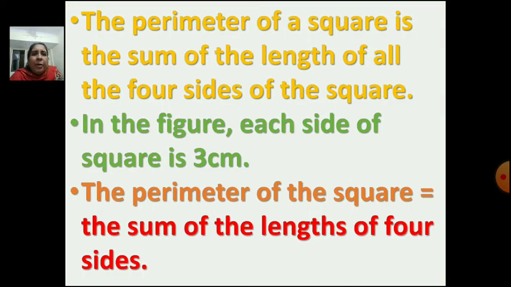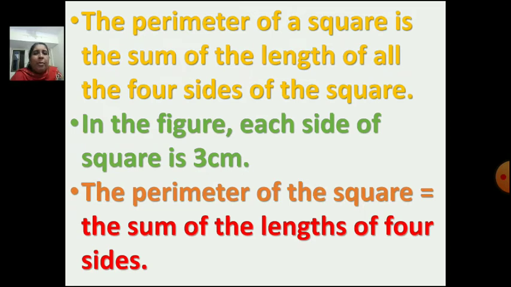Now the perimeter of a square is the sum of the length of all the four sides of the square. So if you have to find the perimeter of a square, what will you do? You have to add. Sum means you have to add the length of all the four sides of the square. In the figure, each side of the square is how much? 3 centimeter. So now first we have to write the formula. The perimeter of the square is equal to the sum of the length of four sides.